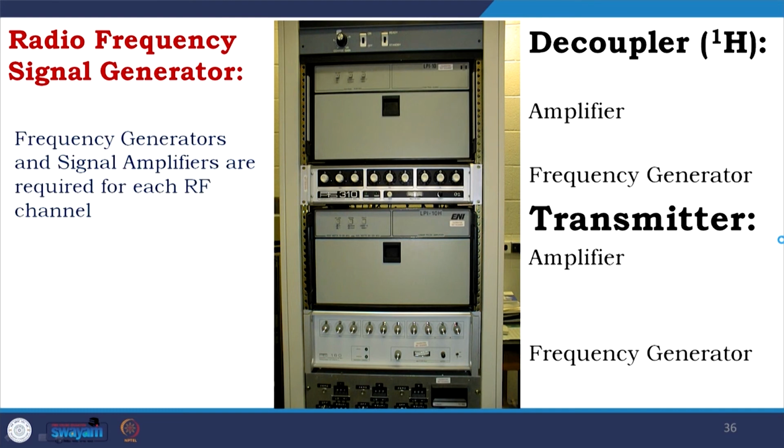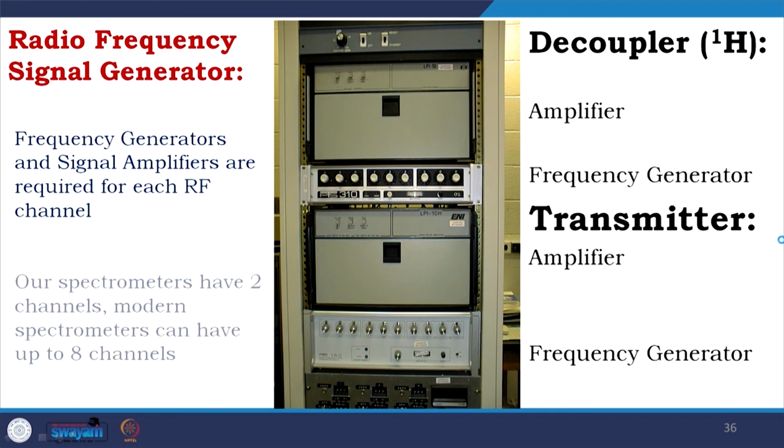Frequency generators and signal amplifiers are required for each radio frequency channel. Here we have shown one with two channels, this is one channel and this is the other one, but modern spectrometers can have up to 8 channels.